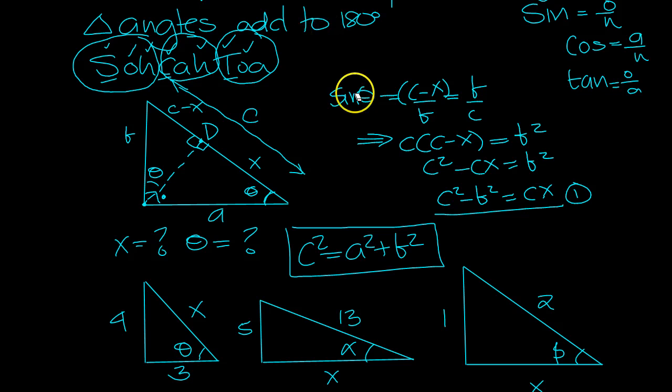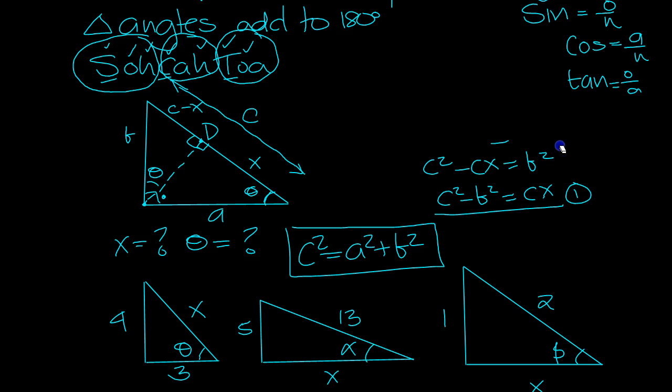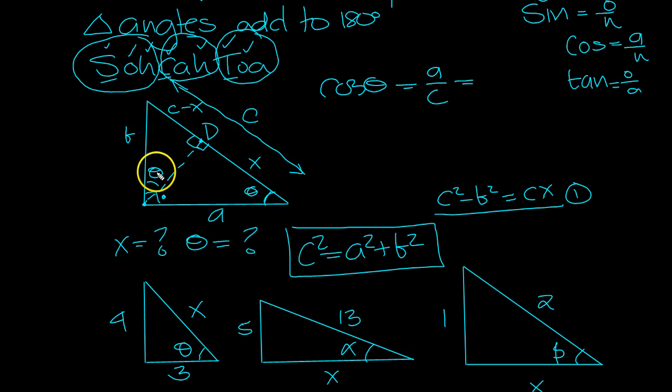Now I'm going to do the same thing, and look at cos theta and see what that gives us. Cosine theta: adjacent over hypotenuse, so that's a over c. Well, we can get it from here as well, because this is a right angle, can't we? It's hard to get it from here because we don't know this side easily, but we know it from here.